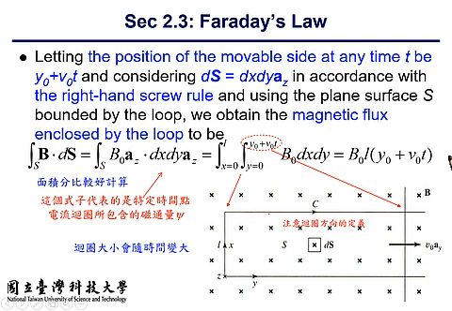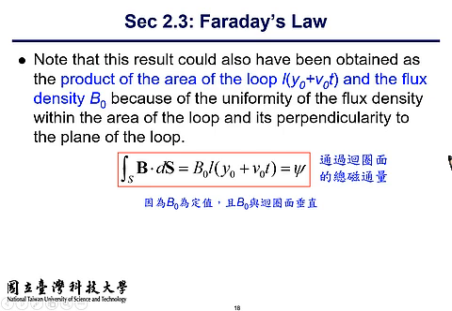However, this is not the end of our calculation. This only provides information on the magnetic flux at a given time. To find the electromotive force, we need to take the time derivative, as Faraday's law says. This equation summarizes what we have seen in the previous slides.